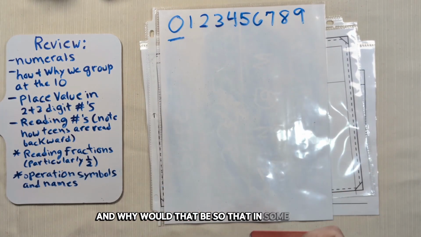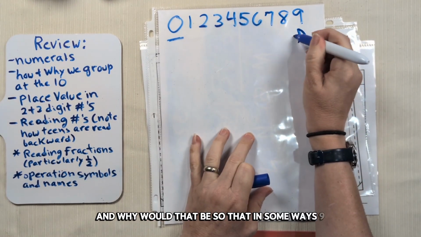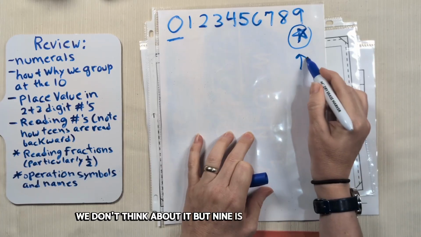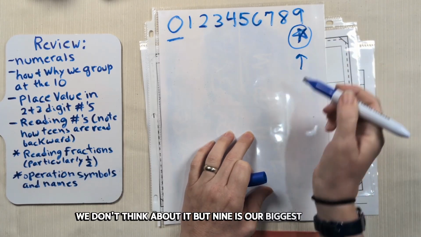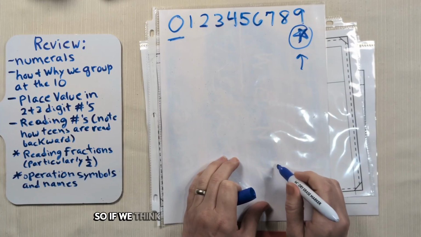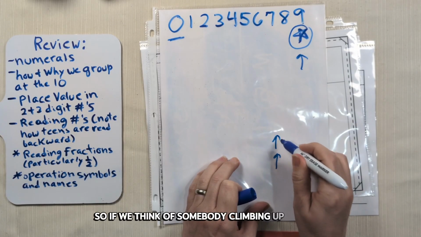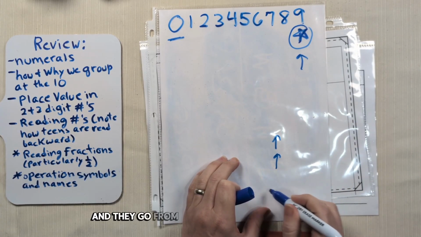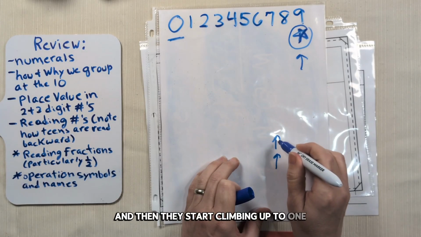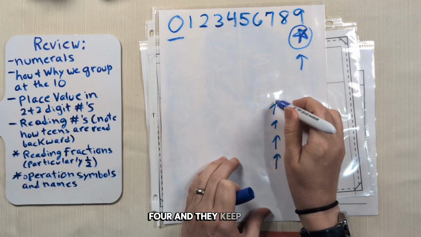In some ways, we don't think about it, but 9 is our biggest numeral, right? It is our highest numeral. So if we think of somebody climbing up a tower, and they're on the ground at 0, and then they start climbing up to 1, 2, 3, 4, and they keep going.